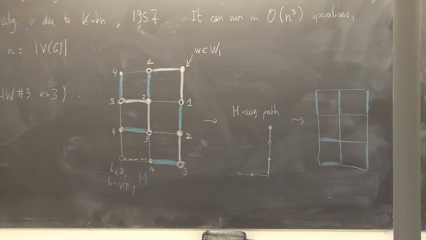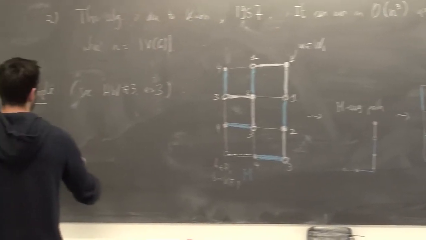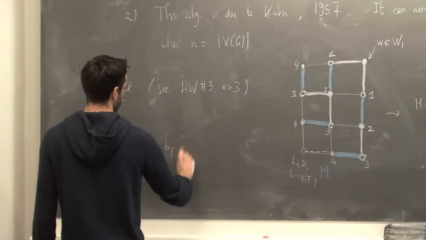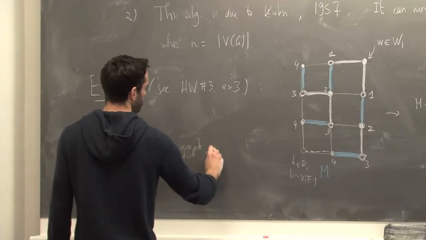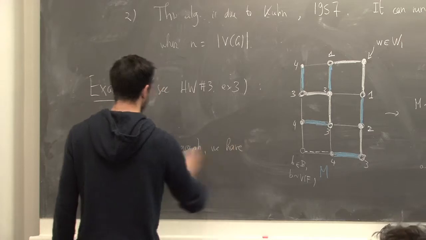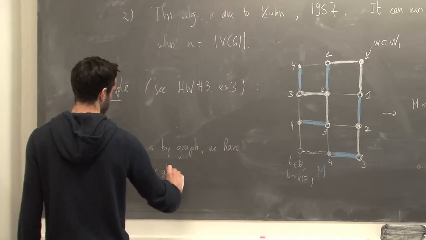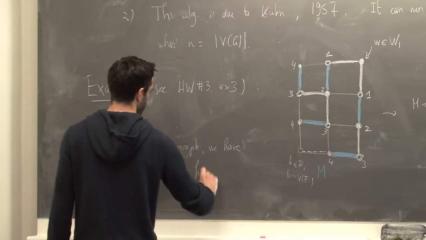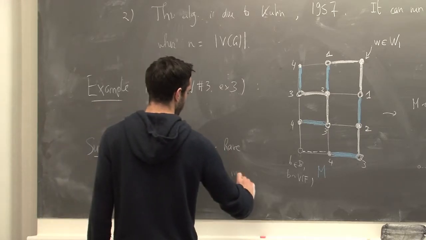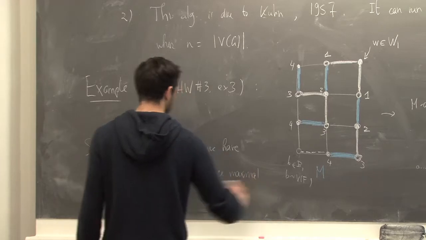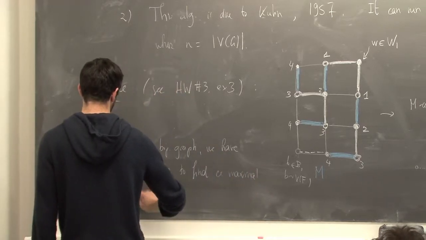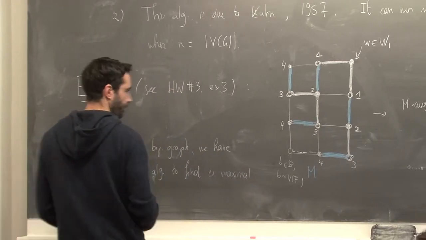Summary: on the bipartite graph, we have a polynomial time algorithm to find explicitly a maximal matching.